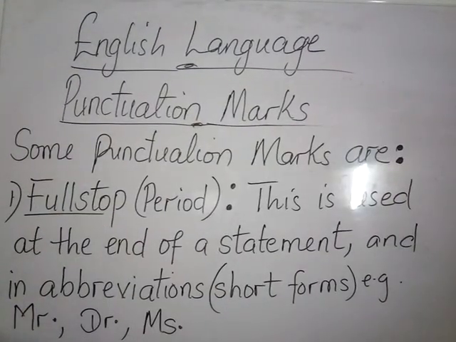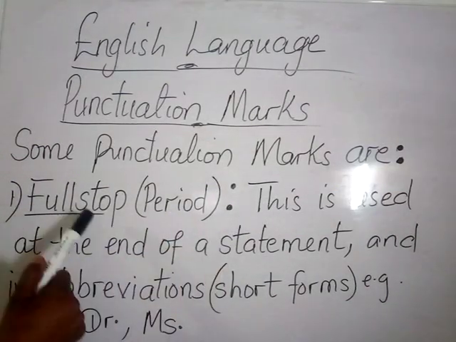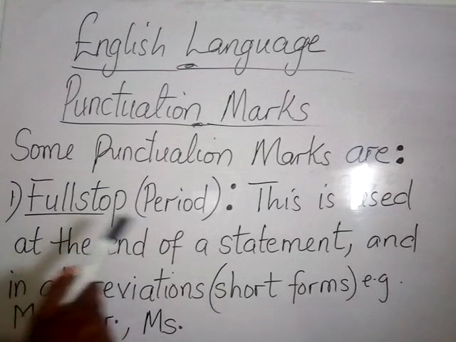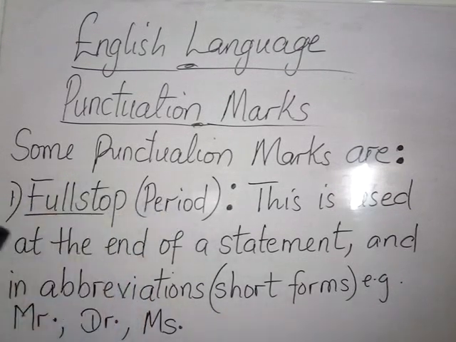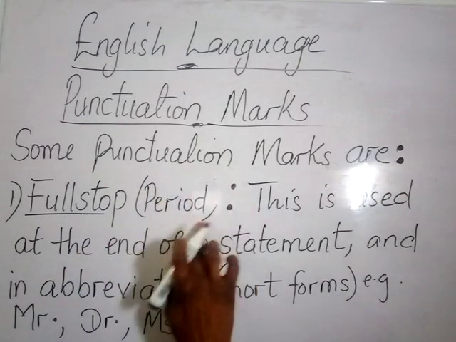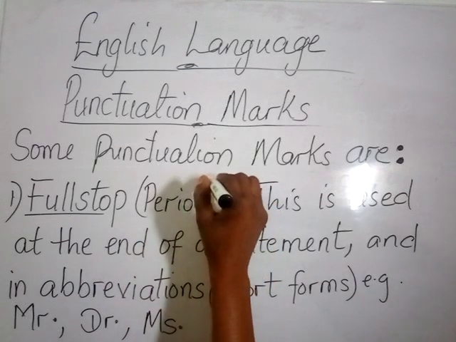All right, so the first example we have here of our punctuation marks is full stop. Full stop or period. When you hear full stop and you hear period in punctuation marks, it's referring to the same thing. And let me just put, full stop is represented with just one dot.